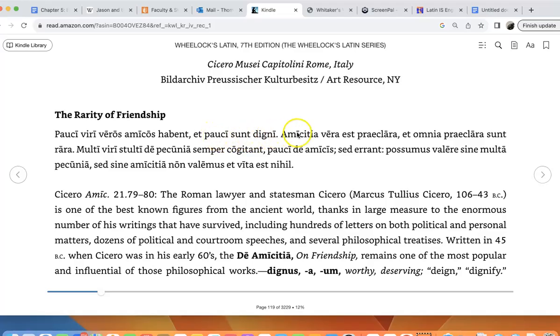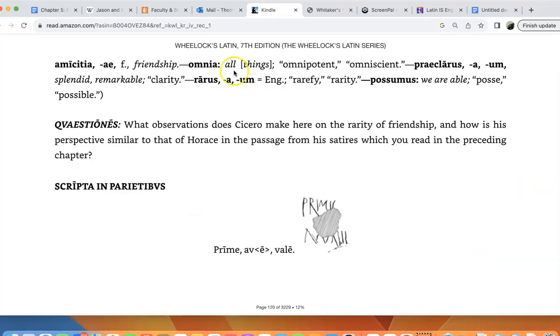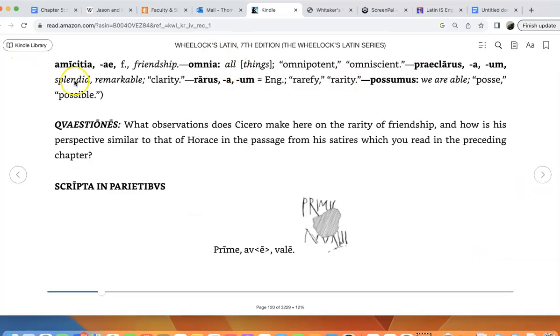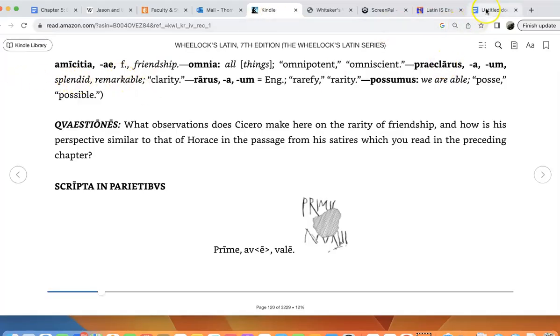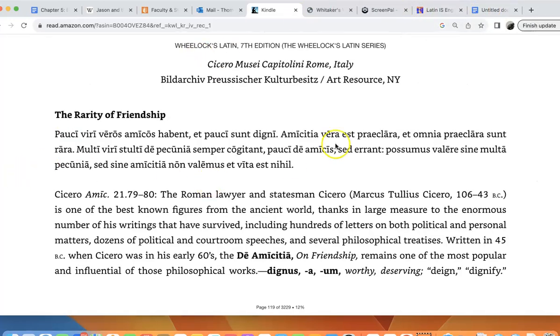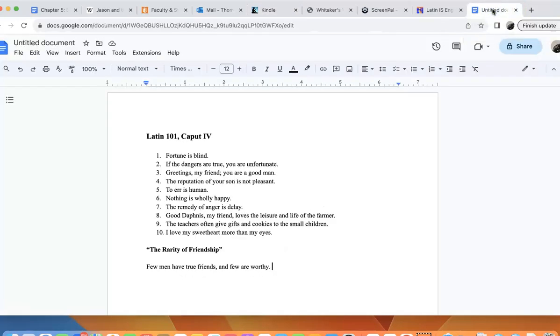And few are worthy. Why? Because friendship is, now they do have some vocab down here. In fact, let's go with splendid for praeclaros. Remember, claros is where we get the word clear, but we're going to go with splendid or remarkable. So then we go back to the reading here. True friendship is remarkable.